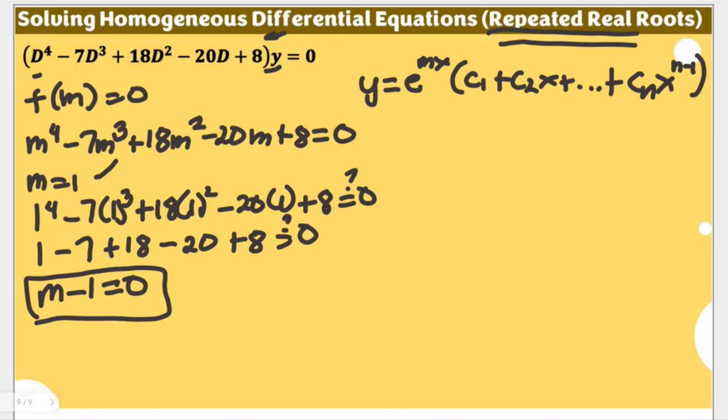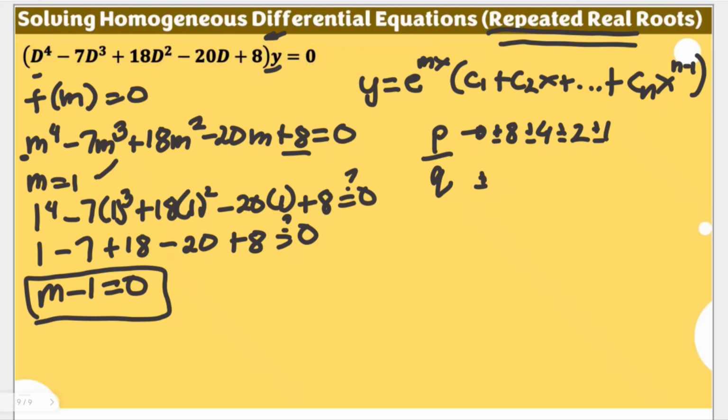The other method I've mentioned is, of course, the rational root or rational zero theorem, which tells us about certain p over q possibilities. P are the factors of your constant, so you will have 8, 4, 2, 1, including the negative, so plus or minus, and you divide this by the factors of your leading coefficient, 1.